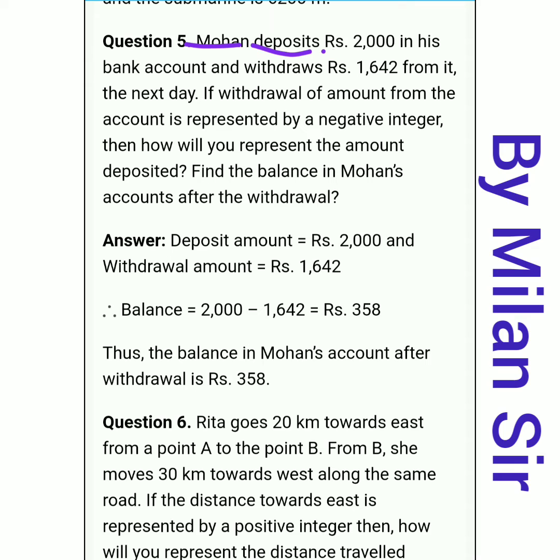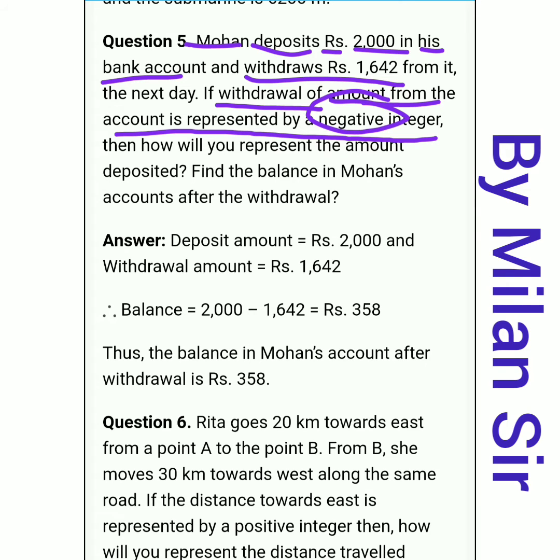Mohan deposits rupees 2000 in his bank account, so we need to add this 2000, and withdraws rupees 1642 from it the next day. A withdrawal of amount from the account is represented by a negative integer. If you withdraw money, your amount is decreased, so the withdrawal amount is represented by a negative integer.